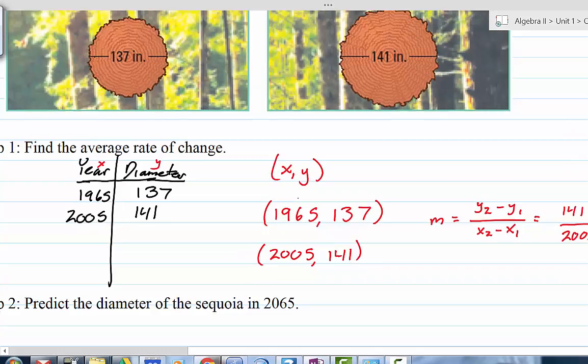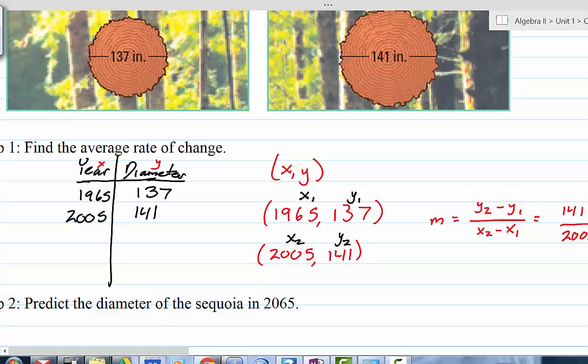Let's make 1965 x1, and let's make 137 y1. 2005, let's make that x2, and let's make 141 y2. Let me fix this real quick.